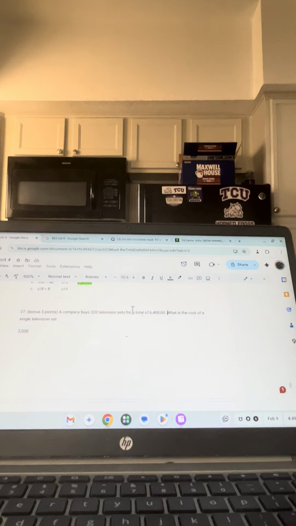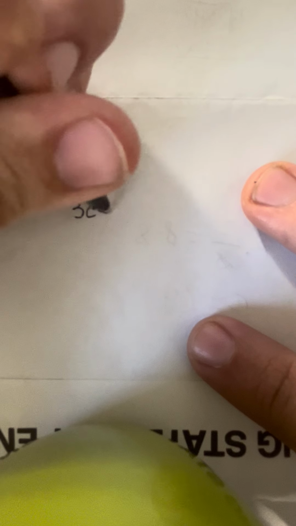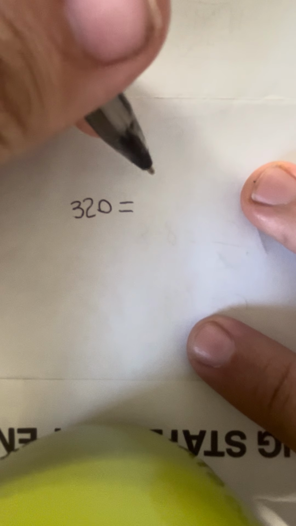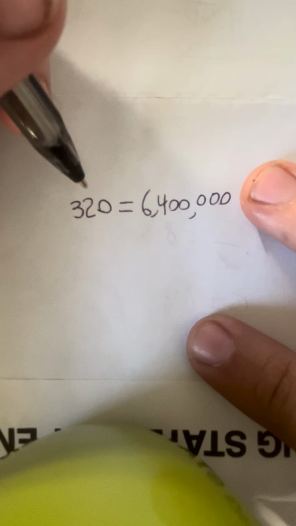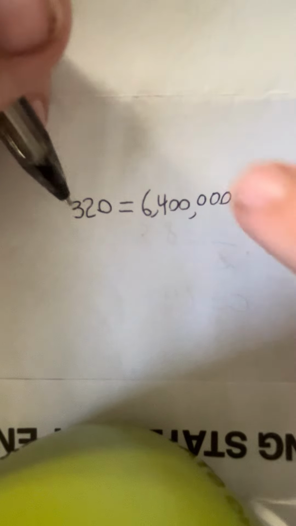Well, let's just write down what we know real quick. We know that 320 television sets cost $6,400,000. I want to know how much one costs. So I'm going to divide. I want this to equal 1, right?